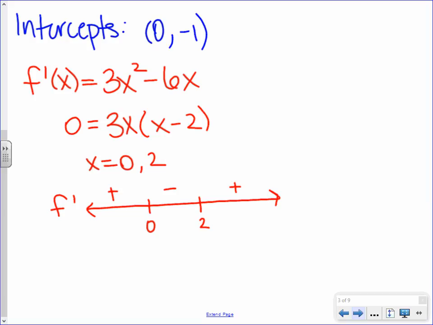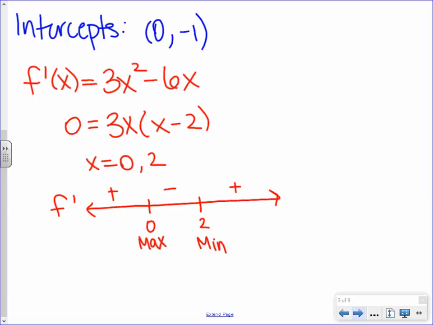Yes. So, okay, good. So here's where our function is increasing. Here's where our function is decreasing. Okay, so Joe, what's happening at x is 0? Okay. And Joe, what's happening at x is 2? Okay.